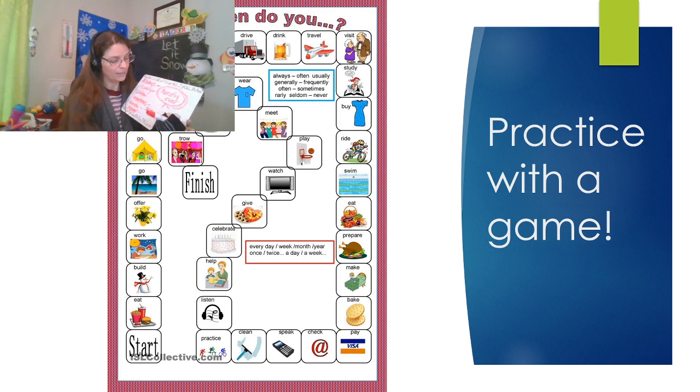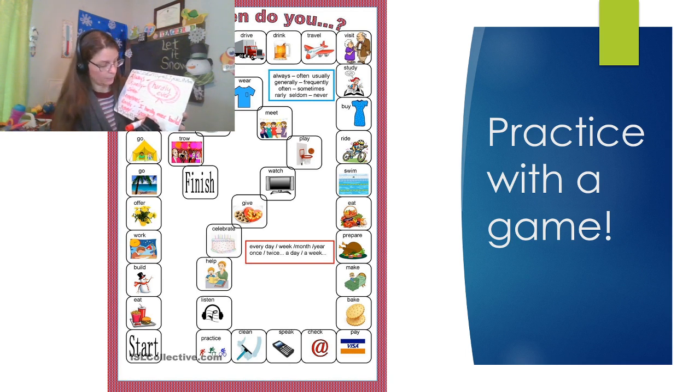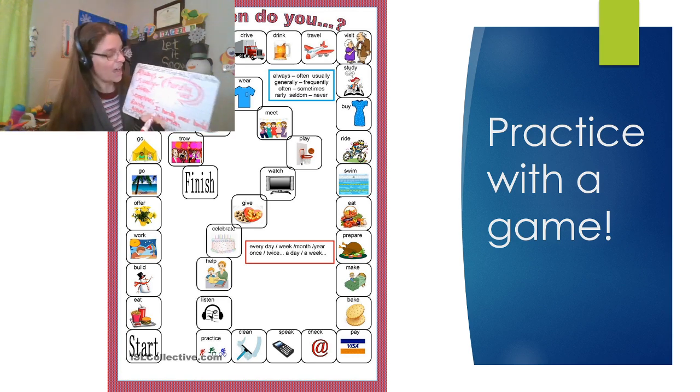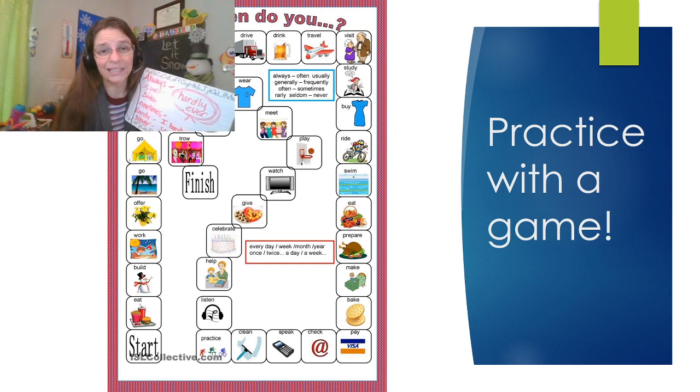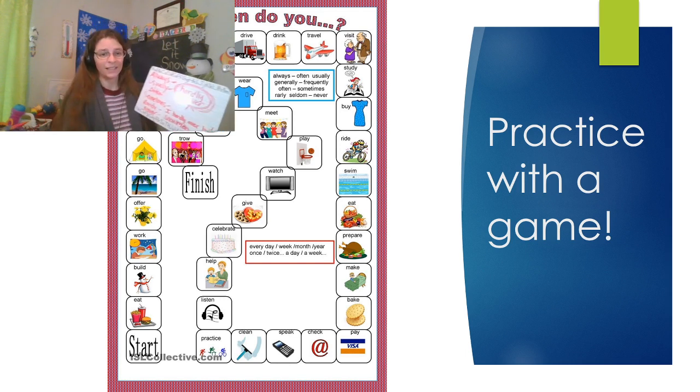build snowmen. Now I used it in the plural sense because I want to show you that if you are going to use it in the plural, snowmen, then you don't need your article. I hardly ever build snowmen because it doesn't snow where I live. Do you build snowmen? How often do you build snowmen?